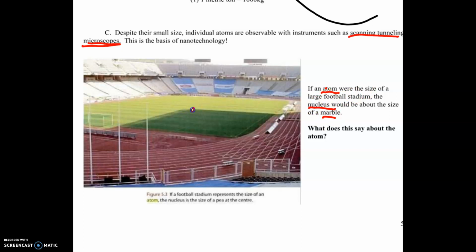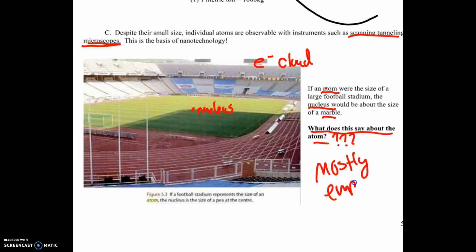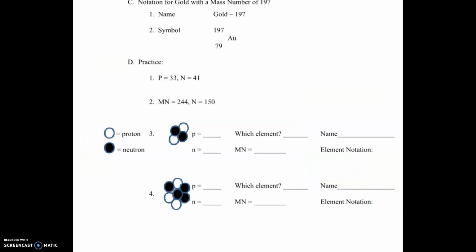So if we put a marble down at the center field, this would be the nucleus. And then all the way out here would be our electron cloud. So what does this say about the atom? Mostly empty space. Okay, good. Let's flip to our next page now, please.